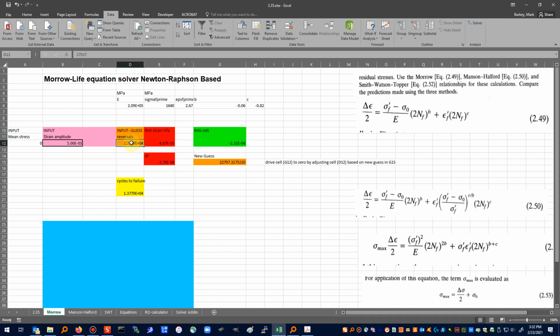The way the Newton-Raphson works, you take an initial guess. Let's say it's 1,000 cycles. I calculate the right-hand side of this equation, and then here is the right-hand side minus left-hand side. I'm going to try to drive this down to 0. Here's my derivative, and my updated guess is going to be the old guess minus this thing over the derivative.